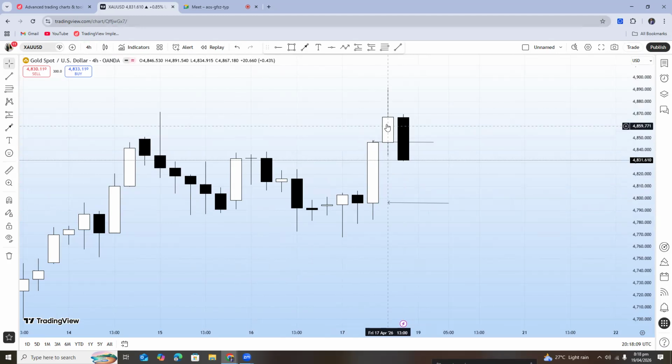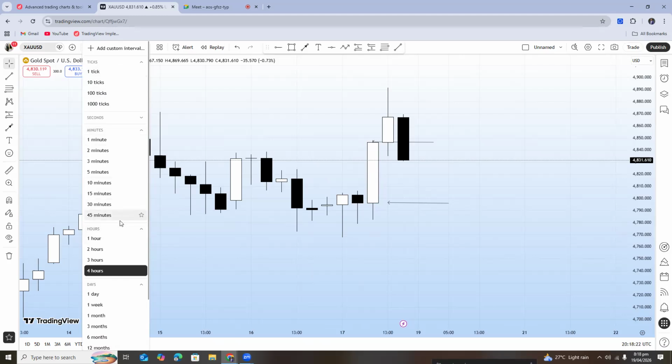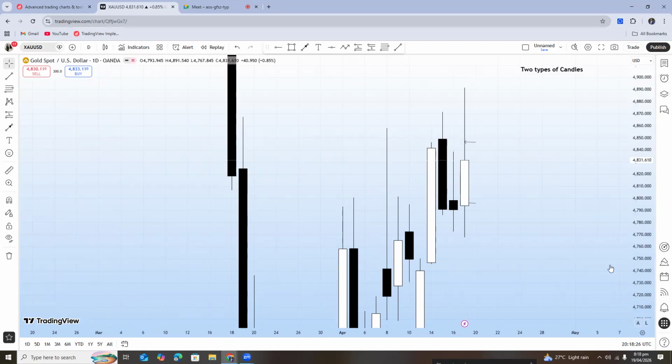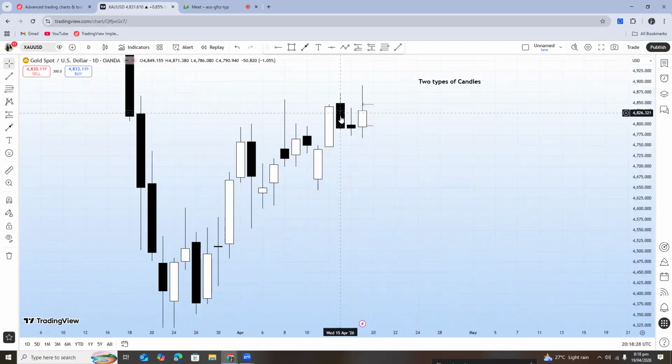Every single candle that we see here represents 4 hours of trading activity. We can change the time frame. I can change it to the daily time frame, and that will mean that each candle that I see here represents 24 hours of activity.